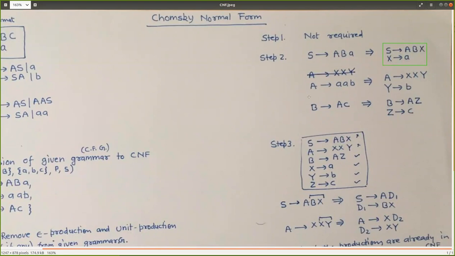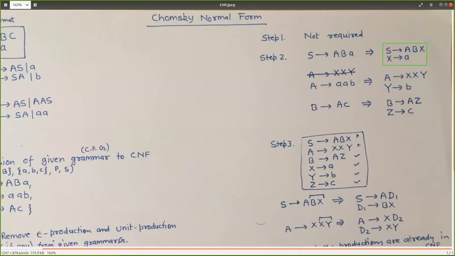Similarly, for this production, A produces three terminals. We would put some variable in the place of terminals, and we would take care of one thing. If we already converted a terminal into a variable, then we would not again translate that terminal into a variable, since we have used this production, capital X produces a.